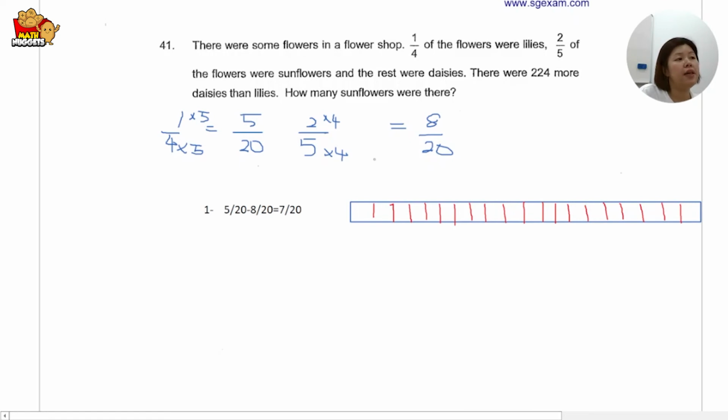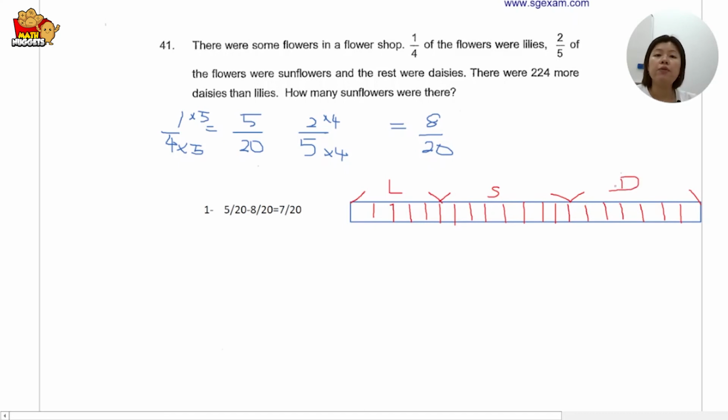So I can indicate 5, 1, 2, 3, 4, 5 is actually my lilies, and then 8 of it, 1, 2, 3, 4, 5, 6, 7, 8. And this is actually my sunflowers, and then the rest is my daisies.